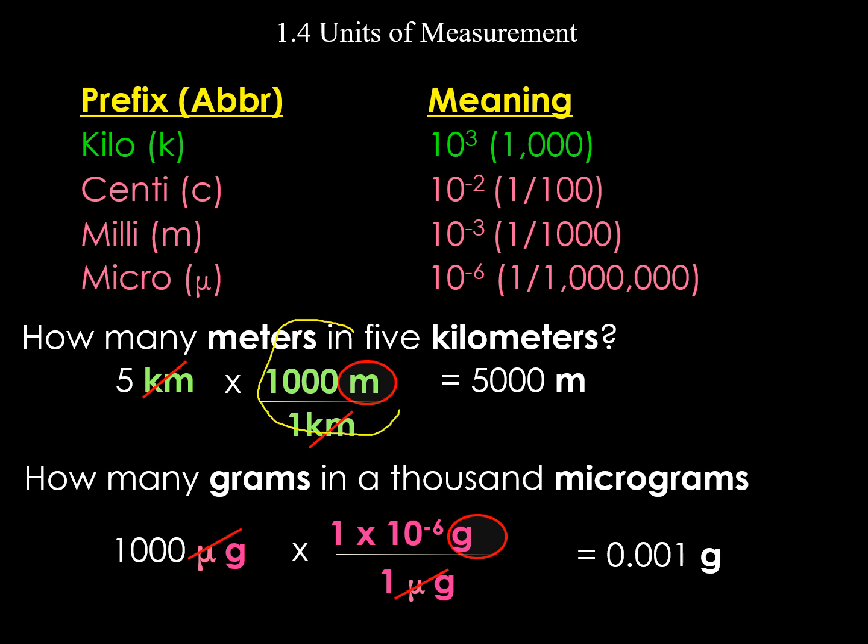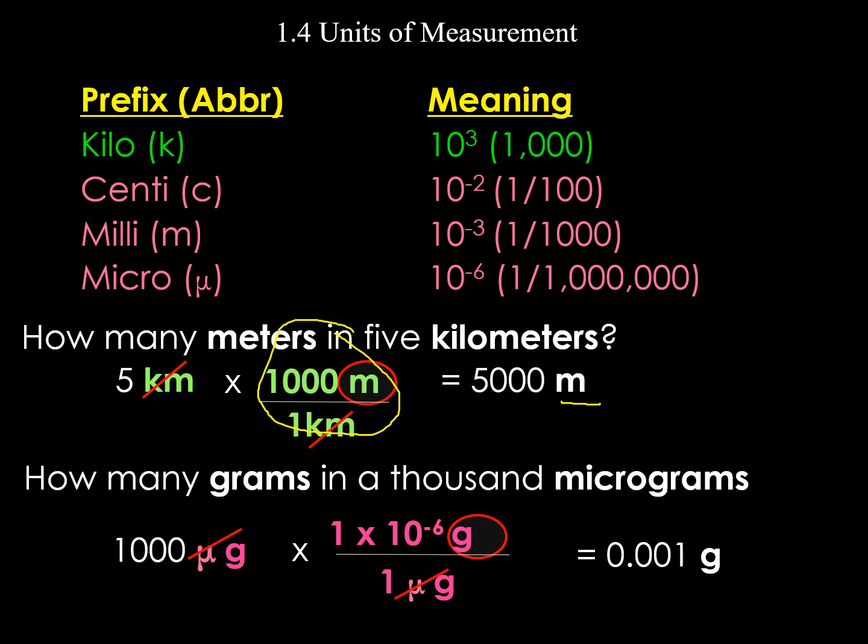This is called a unit conversion, where we have 1,000 meters is equal to 1 kilometer. So if the question is how many meters are in 5 kilometers, we write out 5 kilometers. The answer we desire is in meters, so we write here our meters. And then we write our unit conversion, 1,000 meters over 1 kilometer.